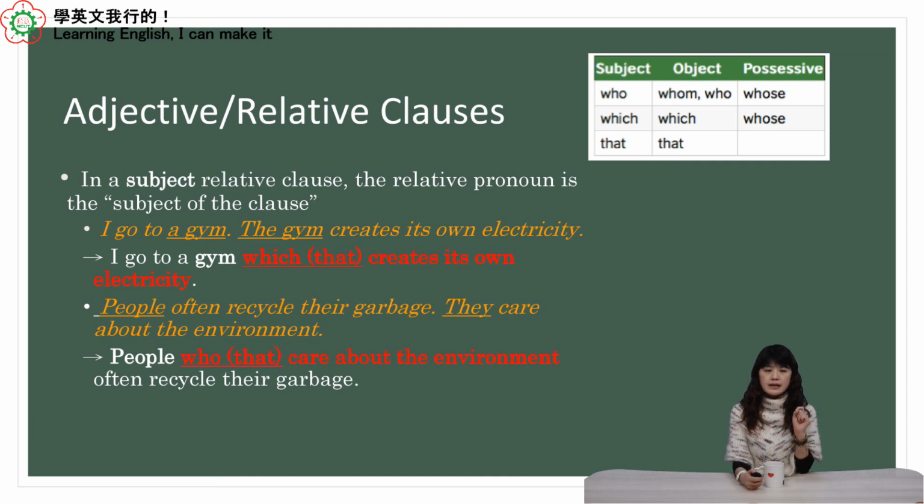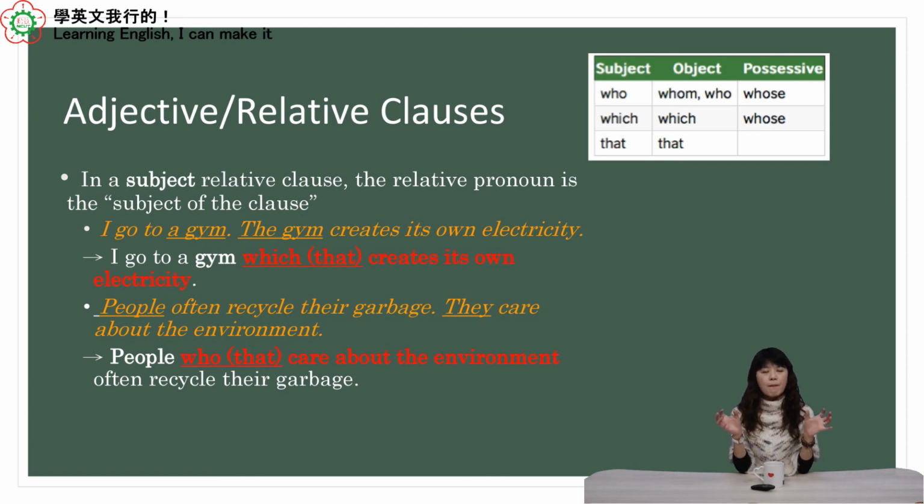Here is the example sentence I gave you: I go to the gym. The gym creates its own electricity. So here are two simple sentences. However, in these two simple sentences, we discuss the same noun, which is a gym.